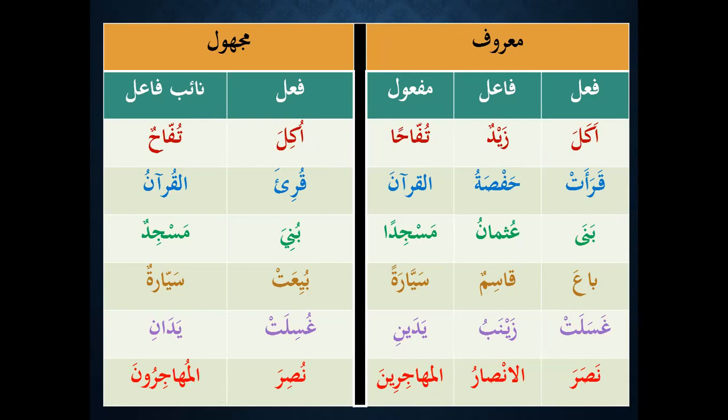Like in English, if I say, I ate apple. So I am the doer, ate is the action in the past form, and apple is the object. So I, fa'il; ate, fi'il; apple, maf'ul.